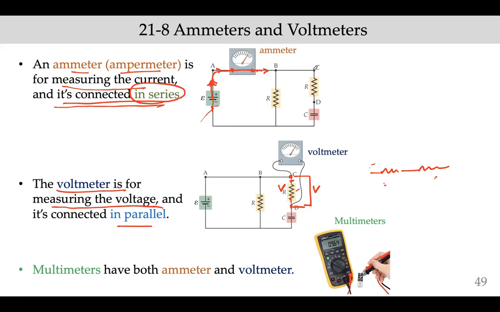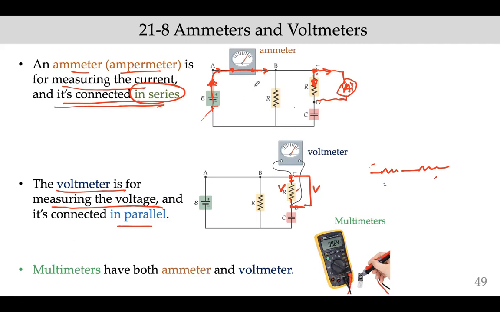For example, if you connect the ammeter like this, now what will happen? Just because you connected this device, and all devices have some internal resistance, some of the current that you try to measure here will actually leak into the ammeter. So it will go in this direction, and it will change the current on the resistor. But you don't want to change the current here. You want to measure it.